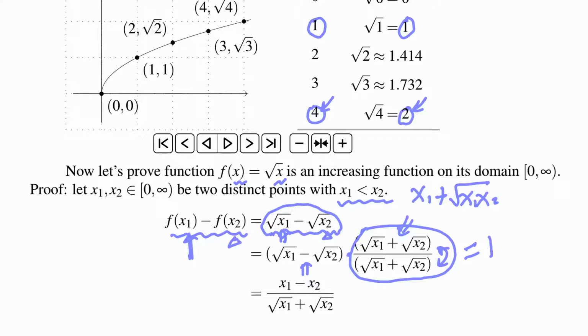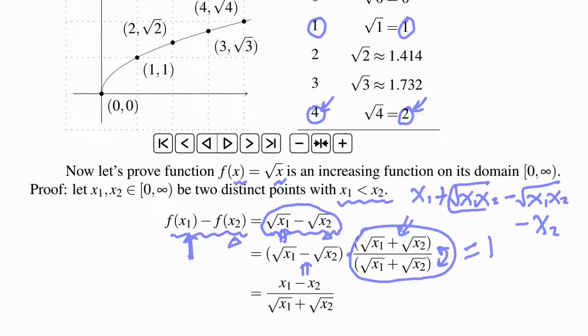Negative radical x2 times radical x1 gives negative radical x1 x2. Negative radical x2 times positive radical x2 gives negative x2.